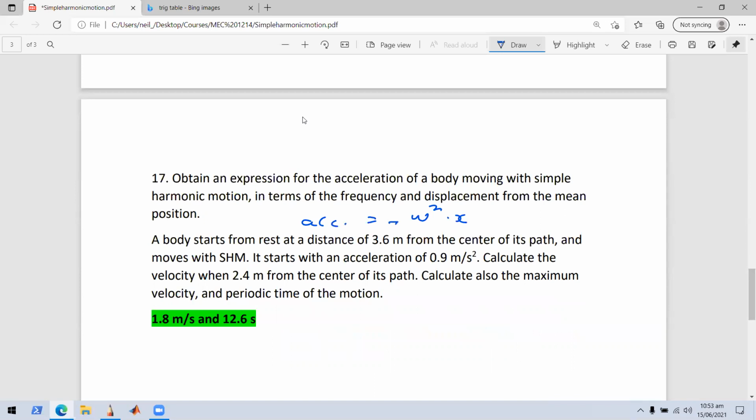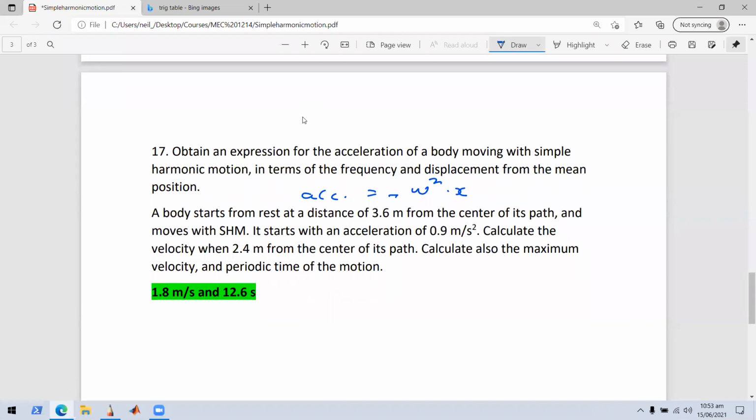Now working the problem, same thing. A body starts from rest at a distance of 3.6 meters from the center of its path with simple harmonic motion. It starts with an acceleration of 0.9 meters per second. Calculate the velocity when 2.4 meters from the center of its path.